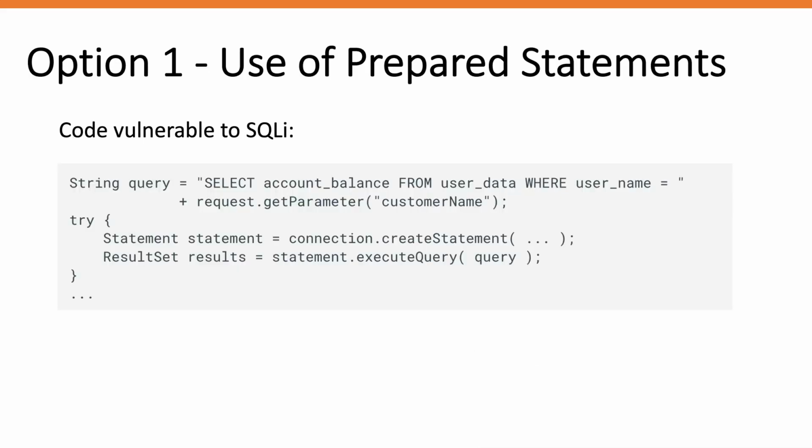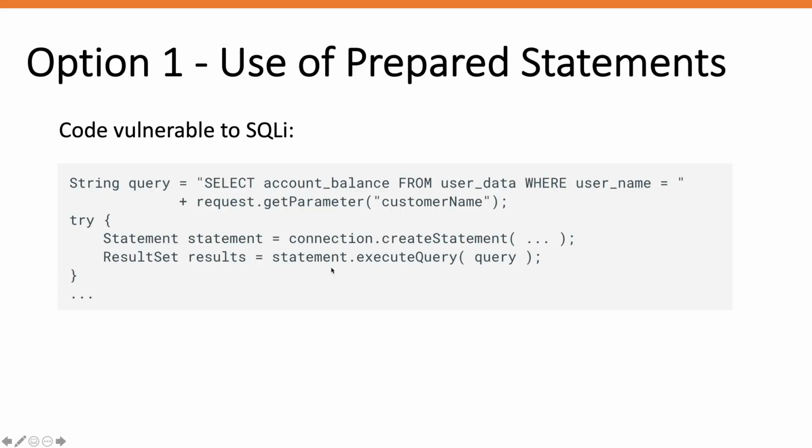Okay, so let's take an example first. So you've got a code block over here. The first one, which is query over here, has select the account balance from the user data table, where username is equal to request.getParameter customer name. So what this does is it takes user controlled input, customer name, and it adds it directly to the query, and then it defines the structure.